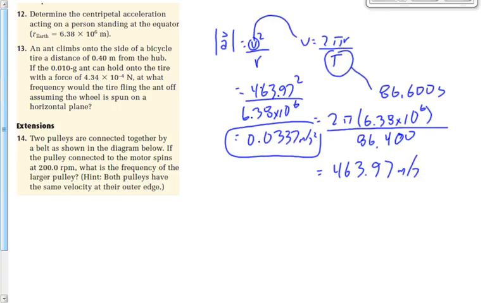You're going 900 kilometers per hour relative to the Earth, right? But for simplicity's sake, let's say you're going the same speed as the Earth. But here's the thing. Your radius is higher. So the centripetal acceleration required to keep you from flying off into space would be lower because R would be higher. So it would be a little bit less than 0.0337.